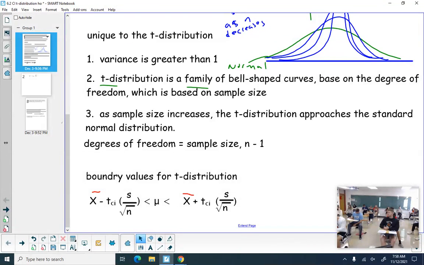So if you pull out the t table, take a look at the t table. What's nice about this t table is if you look along the very top of the table, the first row gives us your confidence interval.